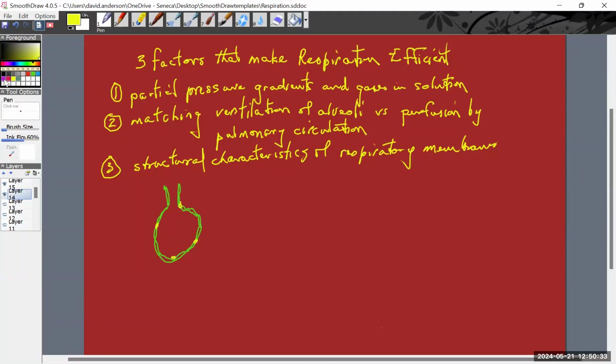So we've got our surfactant that will contribute as an inner lining. Okay, and then we had our capillary. And our capillary was a simple squamous endothelium. So we'll just draw our capillary this way.